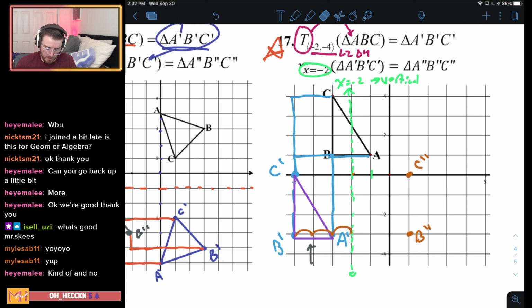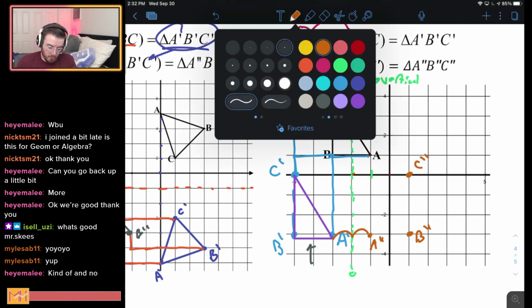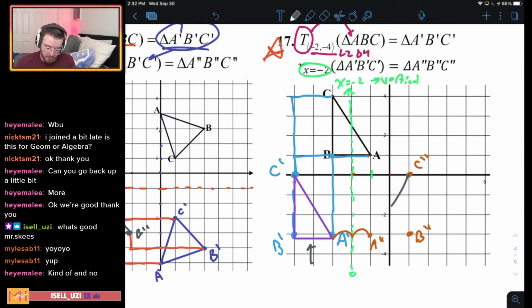And then lastly, A prime is 1 away, so A double prime is 1 away on the other side. And why is it the same? Because it's a reflection. It is symmetrical. That's what a reflection is. It's got to be the same on both sides. And there is our end result.